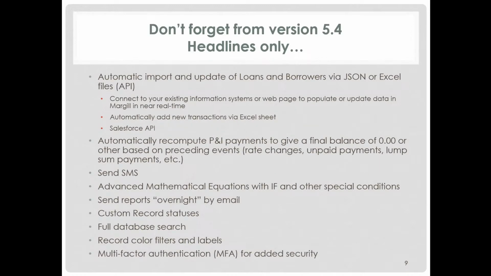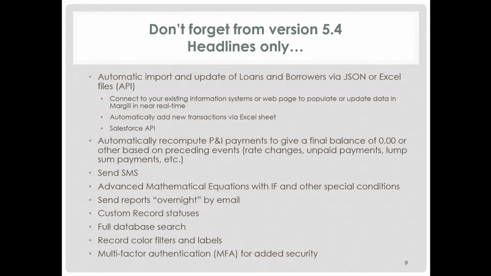A couple of things not to forget from the older version 5.4, headlines only. Don't forget, there is now an API in which to import and update loan and borrower data via JSON or Excel files. It's what we call hot folders. You can connect Margill almost in real time to your existing information systems or a web page in order to populate data in Margill directly.